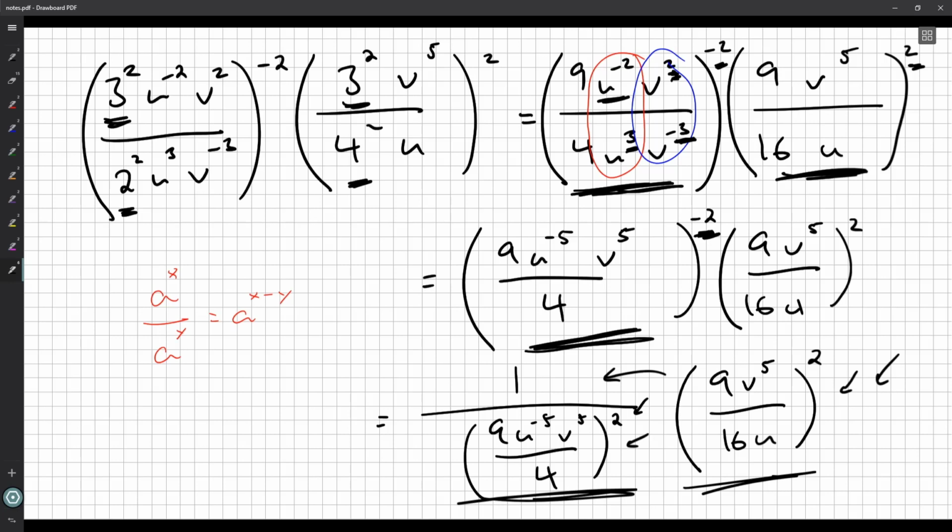What I'm going to do is say, well, I've got some fractions here being raised to a power of 2 for this fraction, power of 2 for this fraction. Let's rewrite these as various things to the power 2.